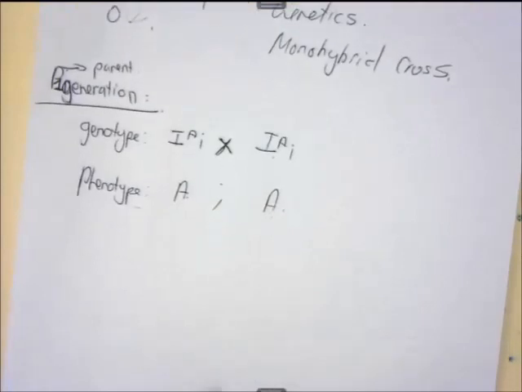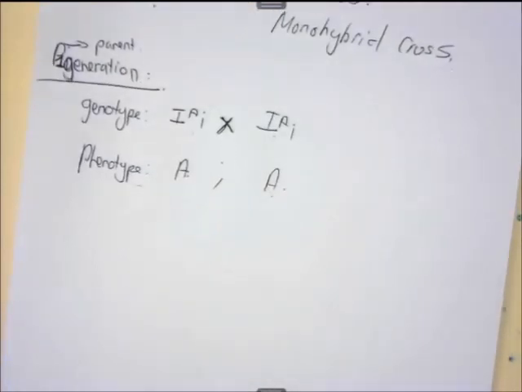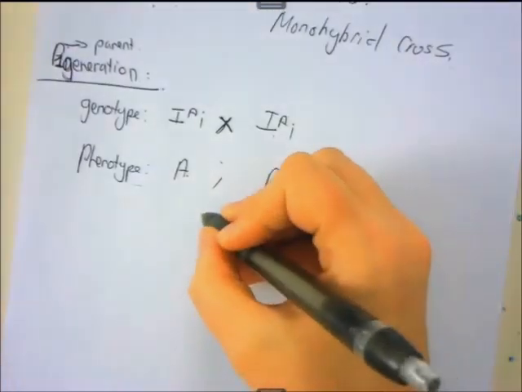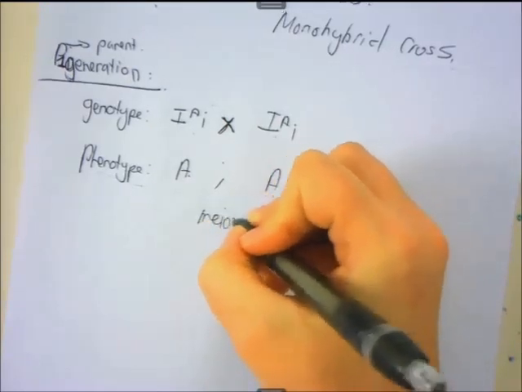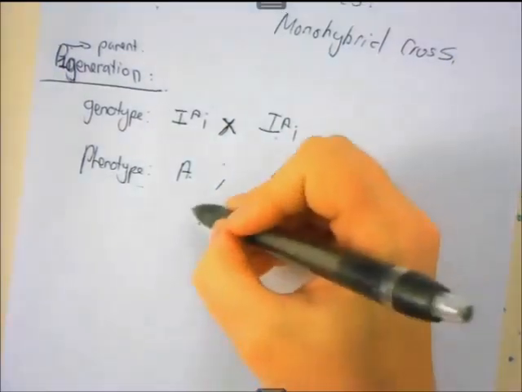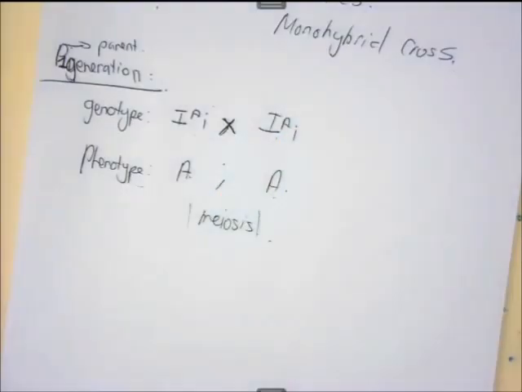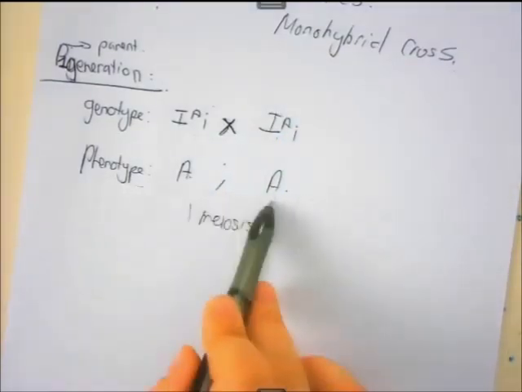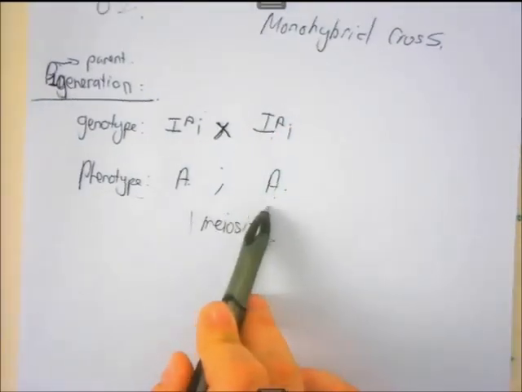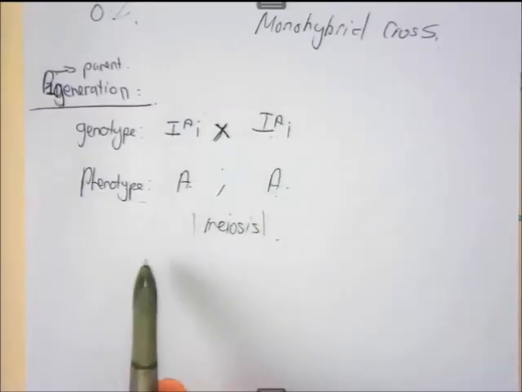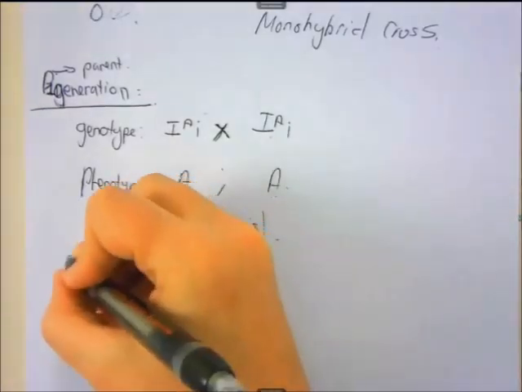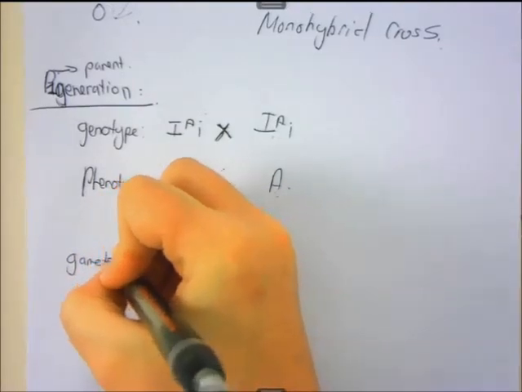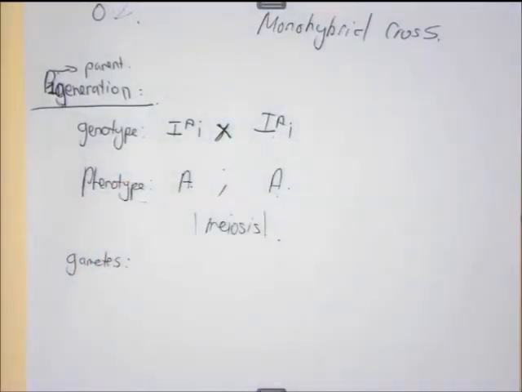Then what you have to do is you have to tell me that something specific is going to happen over here, which is meiosis, and you can even write it in the center under what you have done over here. Meiosis has to take place, and then what does meiosis make or produce? Meiosis produces gametes.